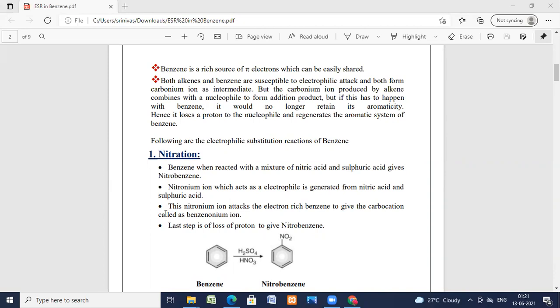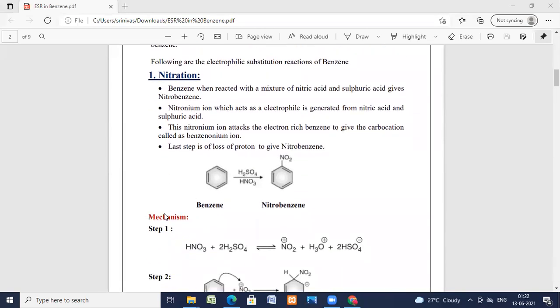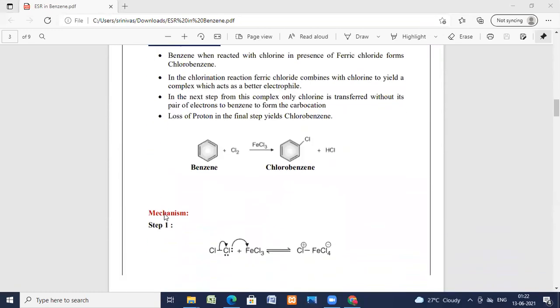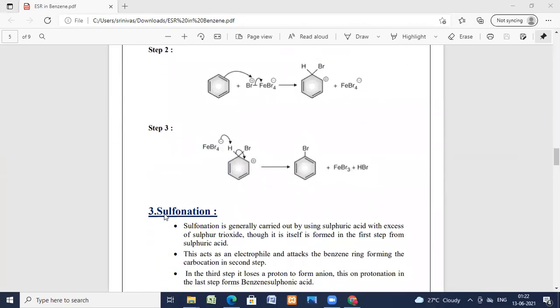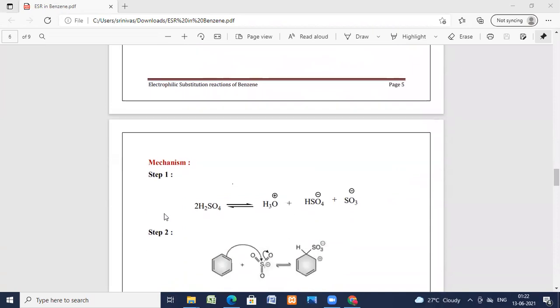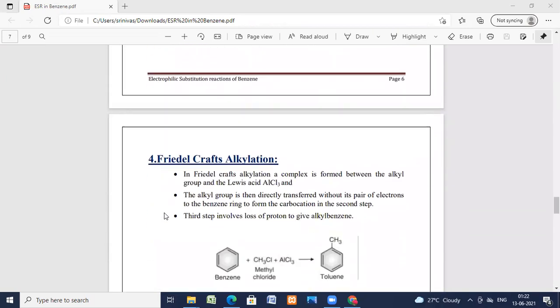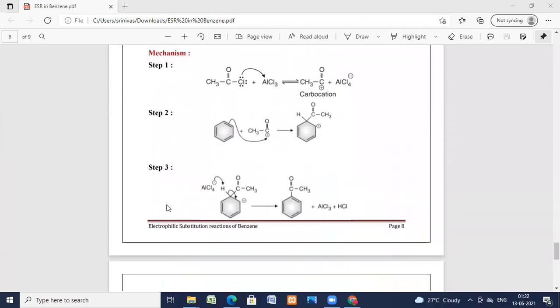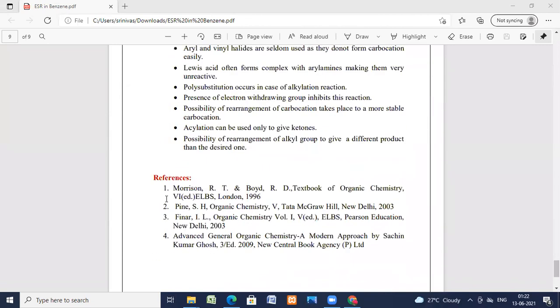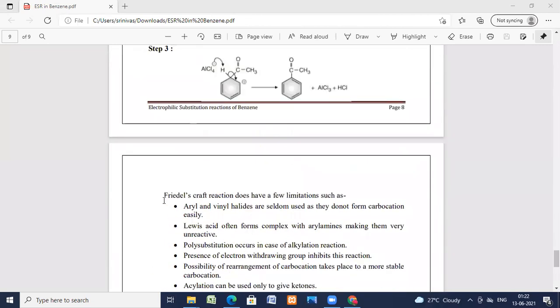So benzene is susceptible to electrophilic attack, forming the carbonium ion intermediate. It then loses the proton, and different electrophilic substitutions are there for benzene: nitration, halogenation, that is chlorination and bromination. The third one is sulfonation. The fourth one is Friedel-Crafts alkylation. And the fifth one is Friedel-Crafts acylation. So I hope everybody has understood the ESR reactions of benzene.